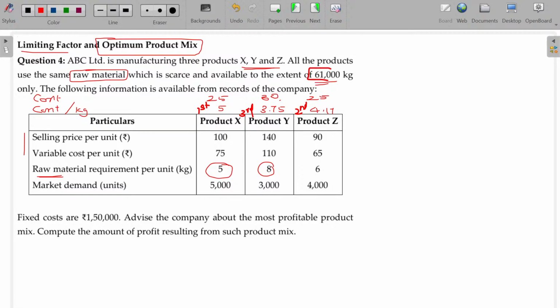As you have 61,000 kgs, for every kg you will get 5 rupees, means you will be getting 3,05,000 rupees contribution. How many units can be sellable? For every X you need 5 kgs, 61,000 kgs are there. If I divide this by 5, come on, 12,200 units can be manufactured.